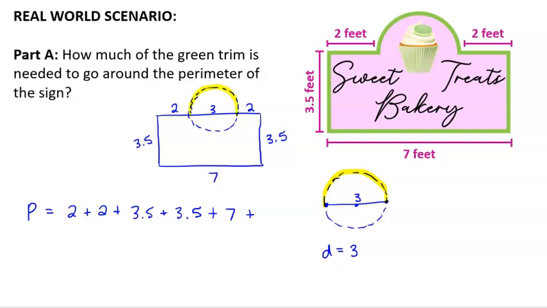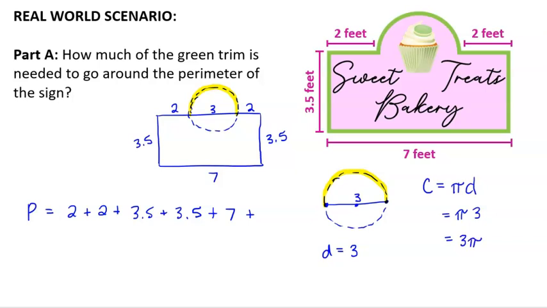The perimeter of the circle is called the circumference. And so we have a formula for circumference. We can either use pi d or 2 pi r. We already have the diameter, so I'm just going to use the diameter. So the circumference is going to be pi times 3, or we would just write that as 3 pi.